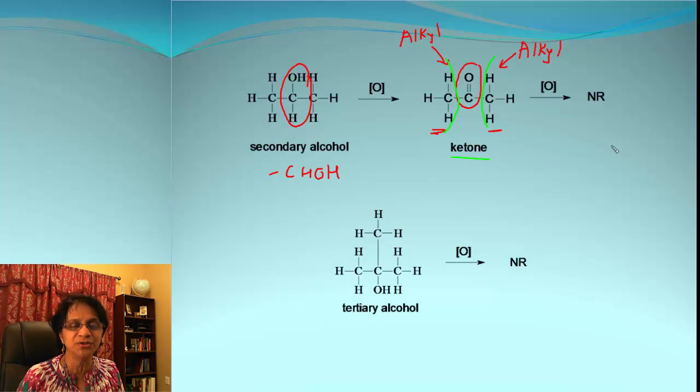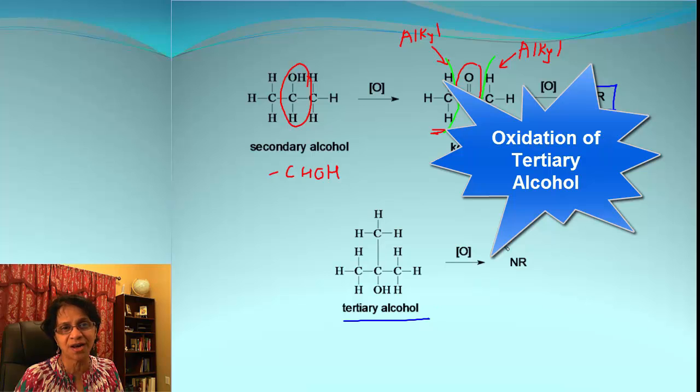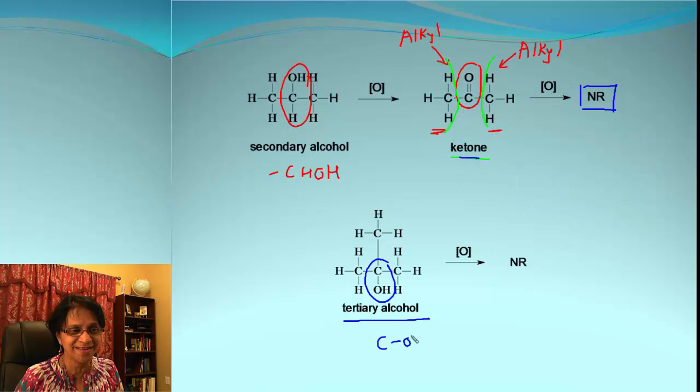Now, if we continue to oxidize ketone further, unfortunately, there is no reaction. So, secondary alcohol is going to stop at ketone. What about tertiary alcohol? Whatever we do with tertiary alcohol, it is not going to show any reaction. So, anytime you see a group COH, you're going to always remember that it has no reaction at all.